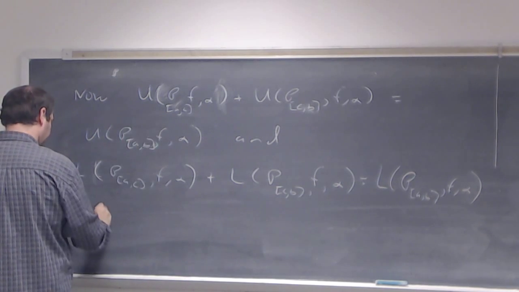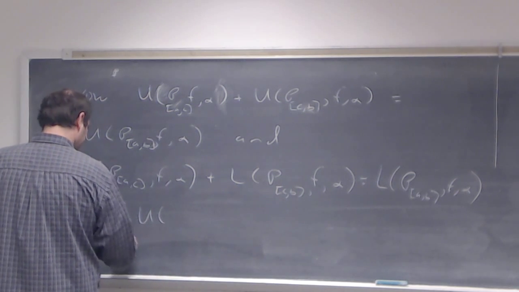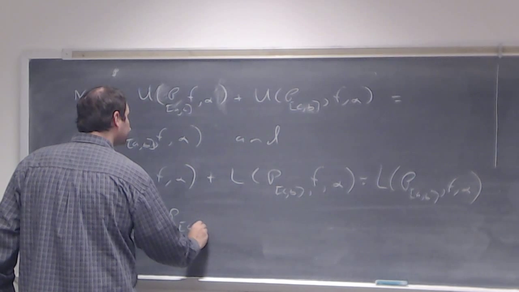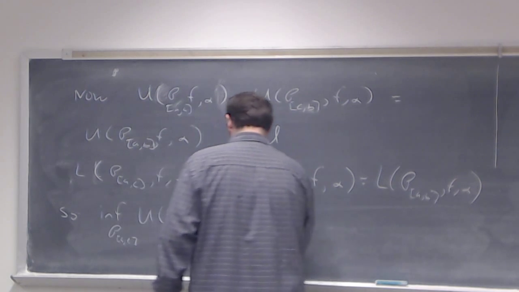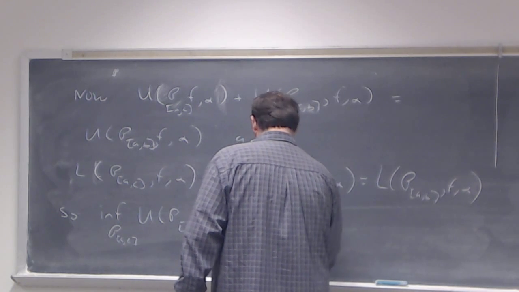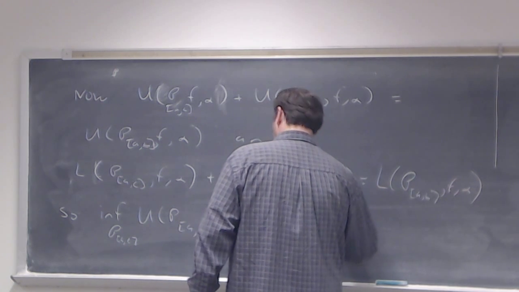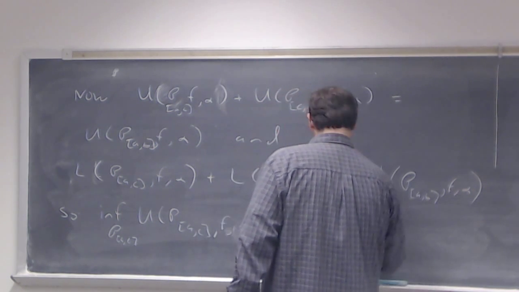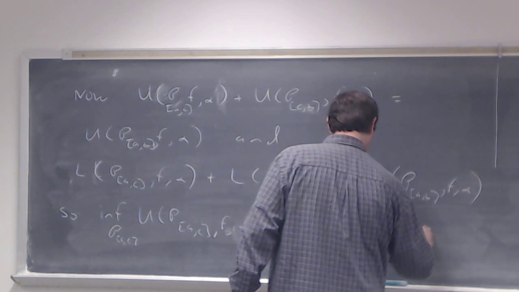Looking at this inequality, what we have is the infimum over all partitions from A to C of the upper sums, F alpha, plus the infimum over all partitions, no, I don't want A to C, I want C to B, of upper sums with the partitions from C to B, F and alpha.